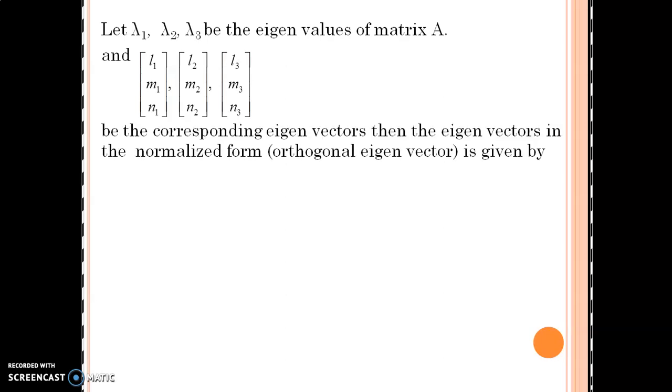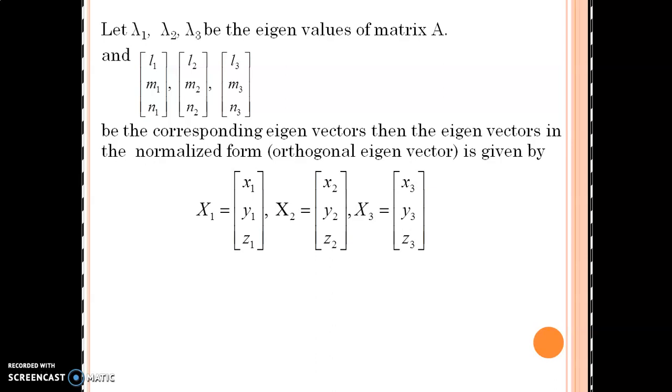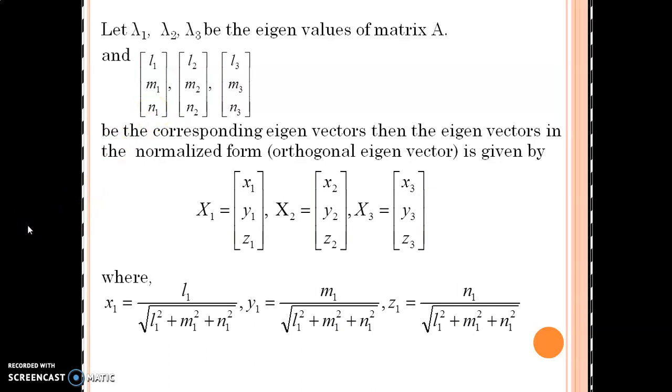Now for these eigenvectors, we will be forming orthogonal eigenvectors, which are also called the normalized form of the eigenvectors, and these x1, x2, x3 have the component x1, which will be evaluated as L1 divided by square root of the sum of the squares of all the components of the eigenvector, like x1 is L1 upon under root of L1 square plus M1 square plus N1 square. Similarly, y1, z1 is calculated, and further all x2, y2, z2, x3, y3, z3 will be evaluated.